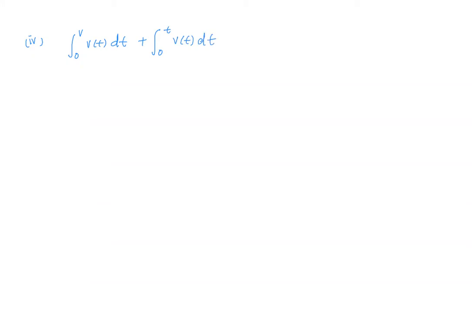Okay, I can put the negative over. I can put a plus, integrate A to B, v(t) dt. Correct? Can I put like that? So I can put this one. Okay, I don't put this is equal to 0 first.